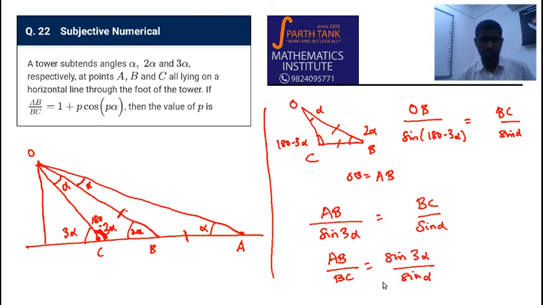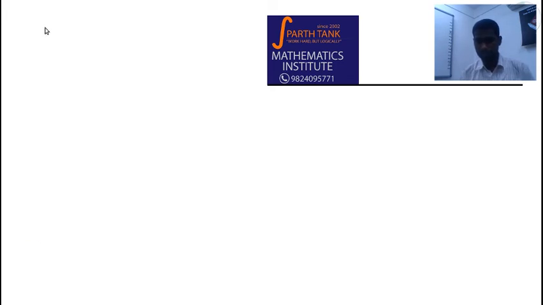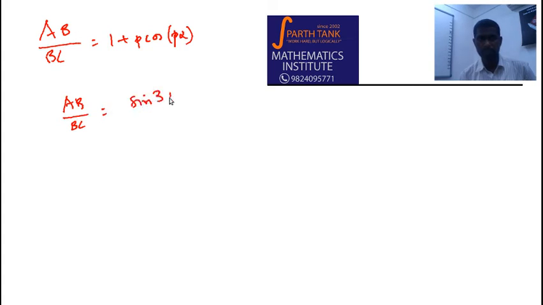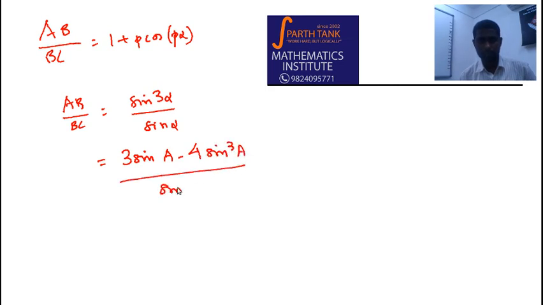Now we have to simplify this and get to the form and find what is the value of P. They have given us AB upon BC is 1 plus P cos P alpha. We have AB upon BC is sine 3 alpha by sine alpha. This becomes 3 sine alpha minus 4 sine cube alpha upon sine alpha.